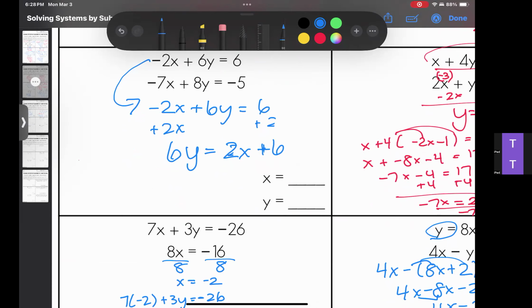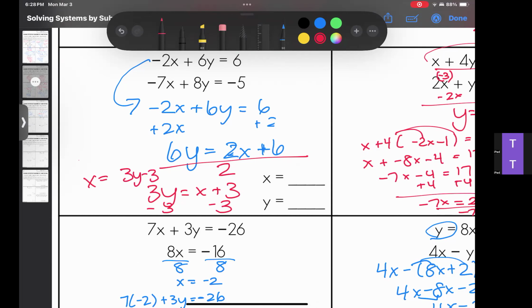Because what if I divided everything by 2? Ooh, and got 3y is equal to x plus 3. Because ooh, I could kick this over and I could get x is equal to 3y minus 3.